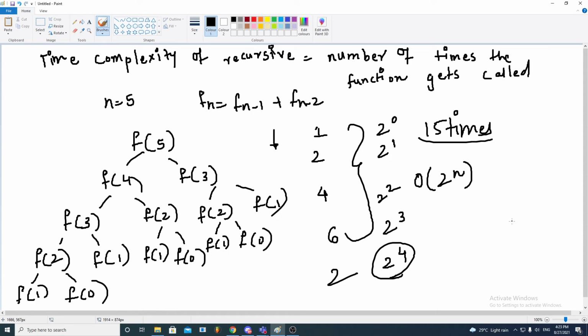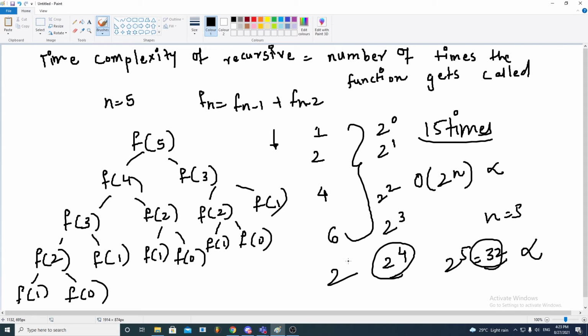For n equals 5, it would be 2 raised to 5, that means 32 times the function is getting called, which is absolutely wrong. So the time complexity of recursive Fibonacci, usually mistaken to be O of 2 to the n, is not O of 2 to the n. Then what is the time complexity?